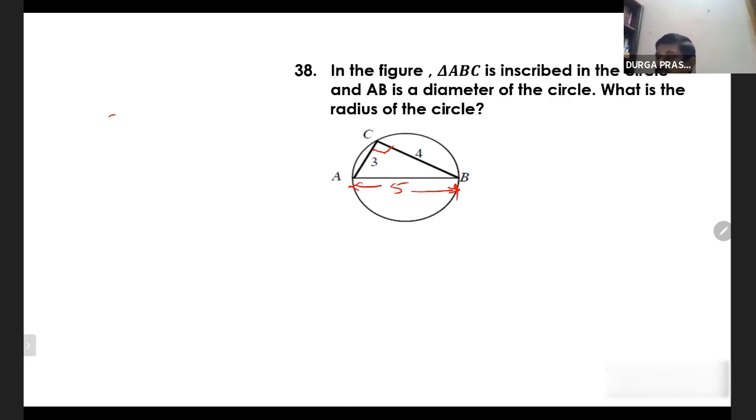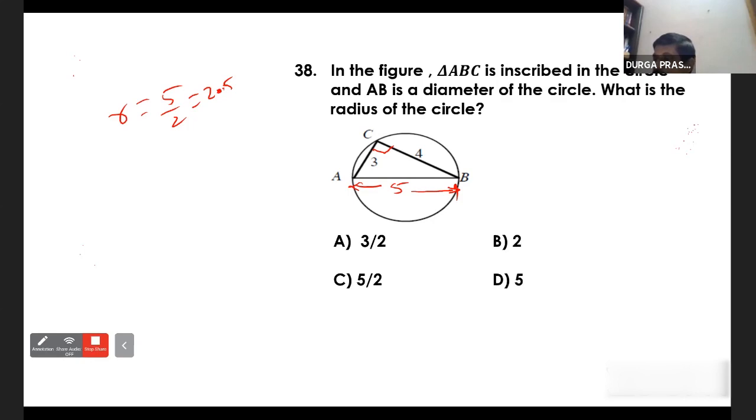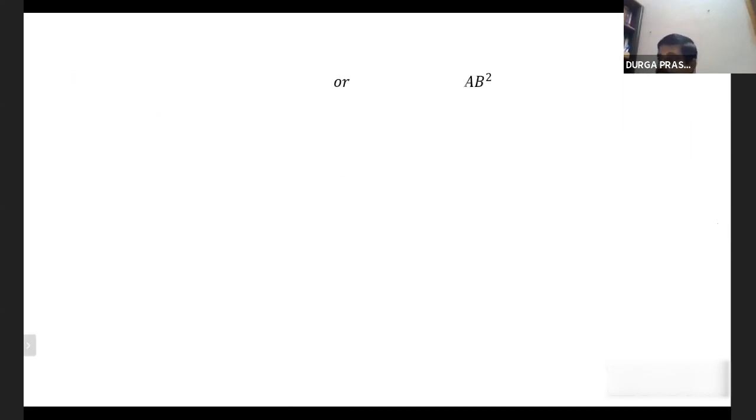What is the radius of the circle? So option C you have. Let us go to the next question.